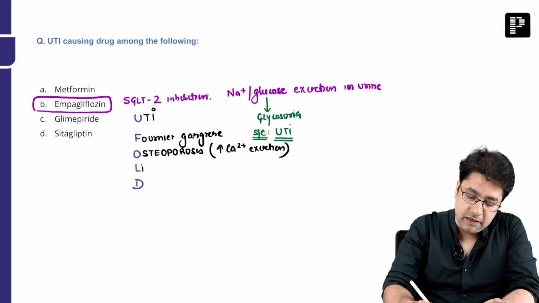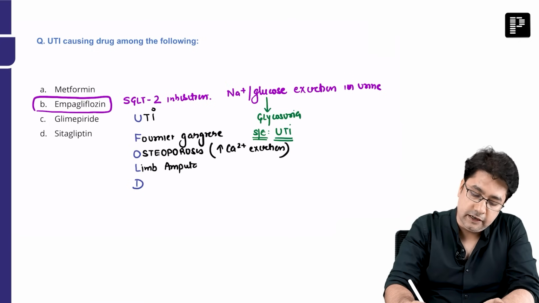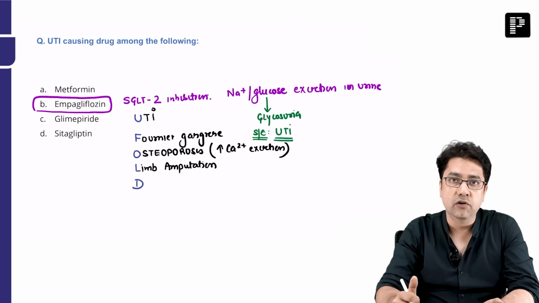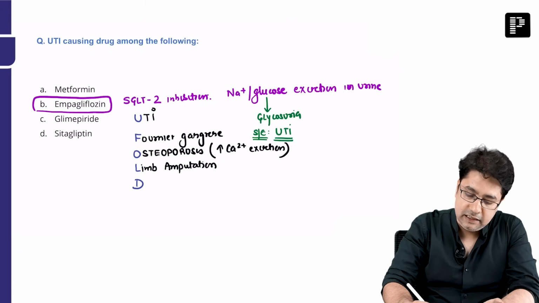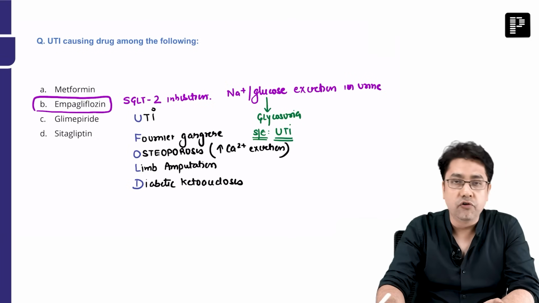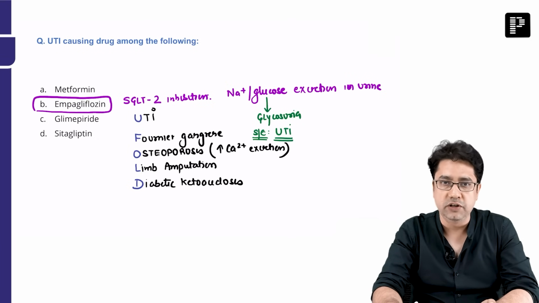These drugs have been associated with limb amputation. They reduce the blood supply to lower limbs and necrosis of the lower limb happens. And lastly, these drugs increase the risk of diabetic ketoacidosis. So remember the mnemonic U-fold, it's a very repetitively asked question.